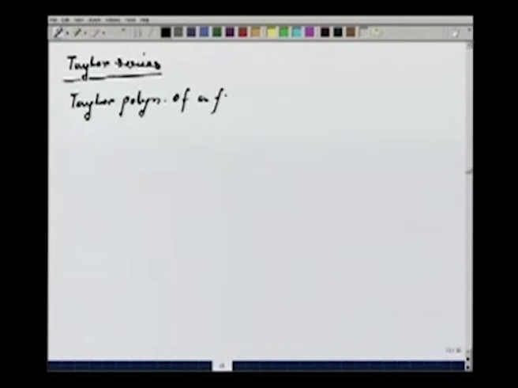Of a function around 0, let us say. It's usually called the Maclaurin polynomial about 0. What is that?